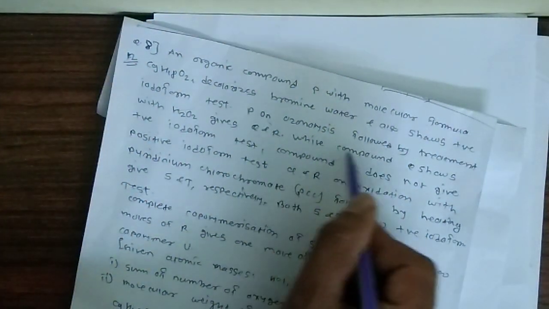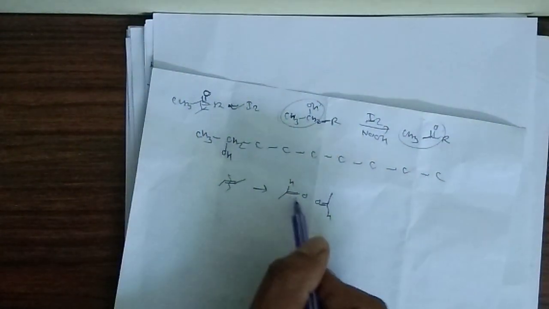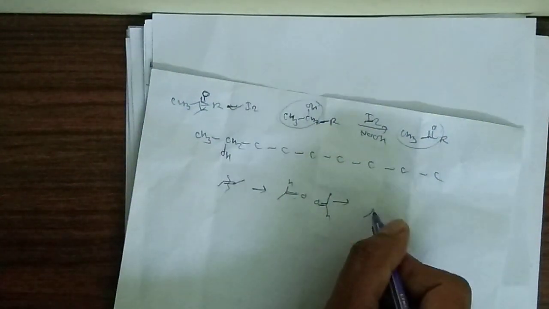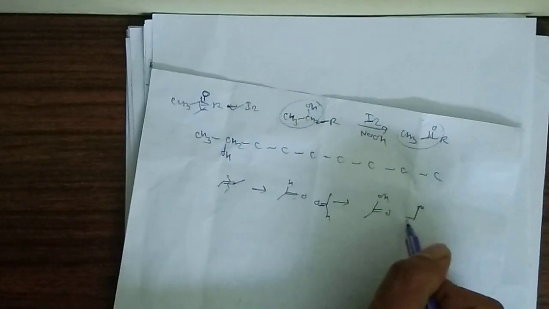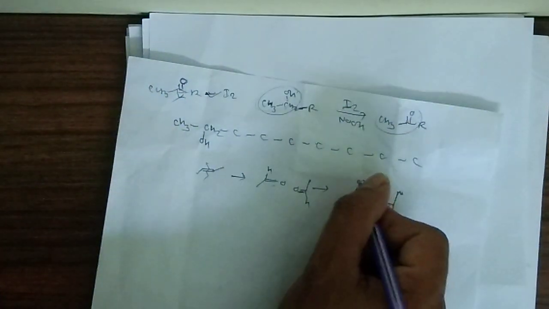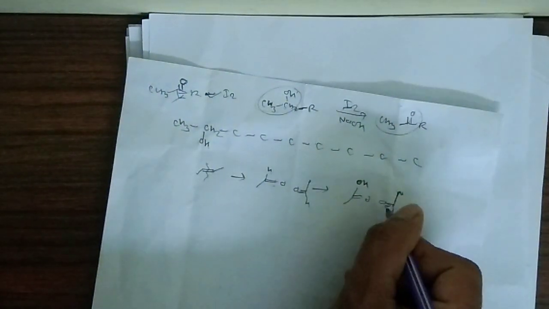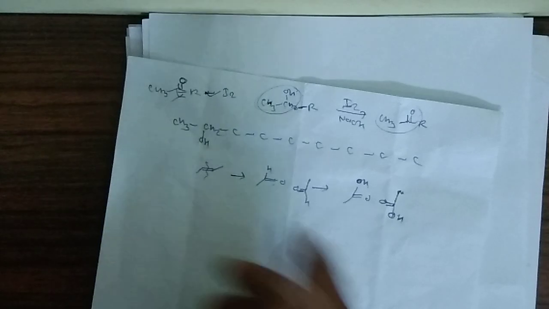But in the question it is mentioned ozonolysis followed by treatment with H2O. That means oxidation is happening again and it gives acid. Acid is formed. So this type of alkene should be there.